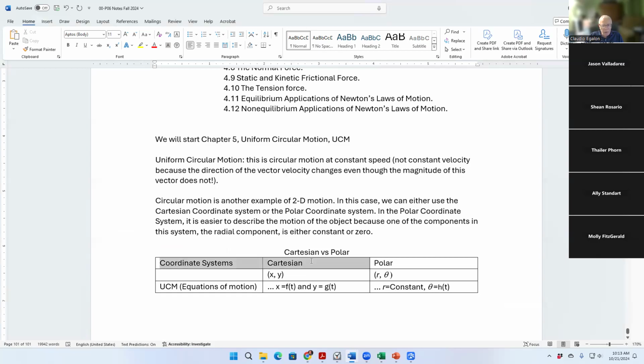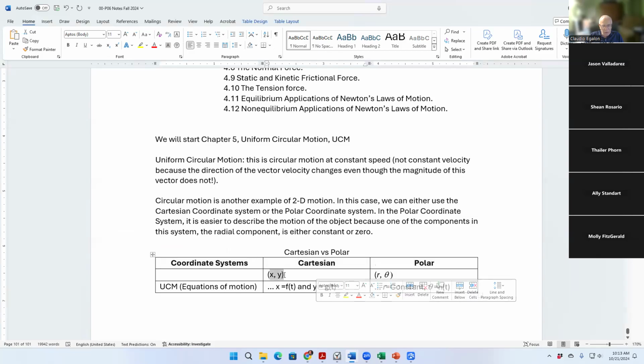Okay, here you go, Cartesian and polar. The Cartesian coordinate system is represented by the coordinates x and y. And the polar coordinate system, by contrast, is represented by the coordinates r and theta.